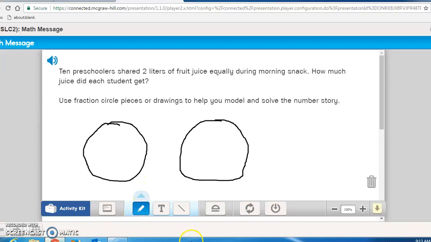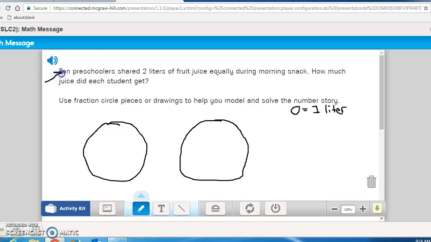Okay, and if it's 2 liters, each one of these represents, so the one circle equals 1 liter. I'm going to divide each into 10 equal parts. You might ask yourself, why 10?